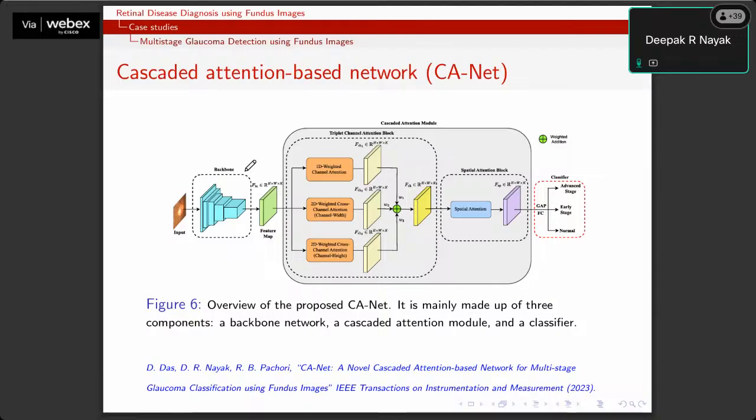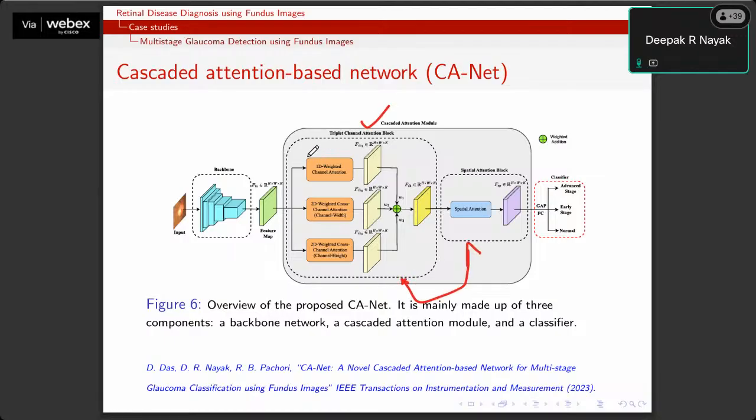This backbone CNN architecture could be DenseNet, it could be ResNet, it could be any backbone architecture from which you can get a high-level feature map. That high-level feature map is further refined through the cascaded attention block which we have proposed. This cascaded attention block mainly consists of two components. One is the triplet channel attention block.